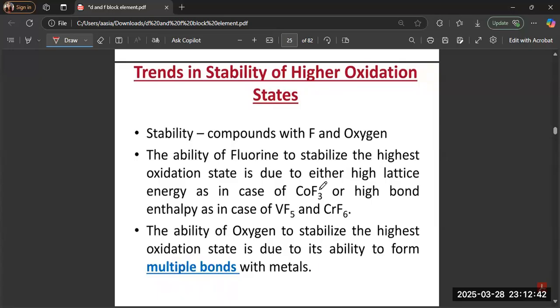Let's see the trends in stability of higher oxidation states. The compounds with fluorine and oxygen show stability.